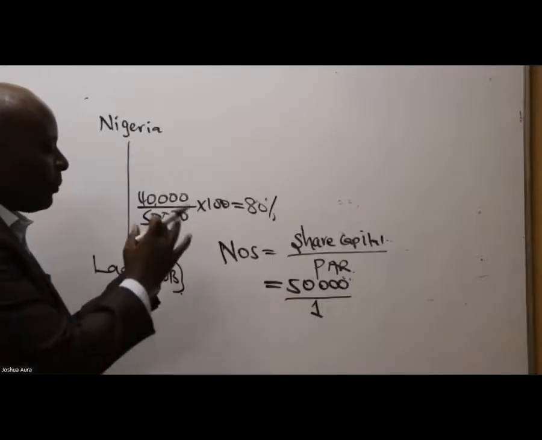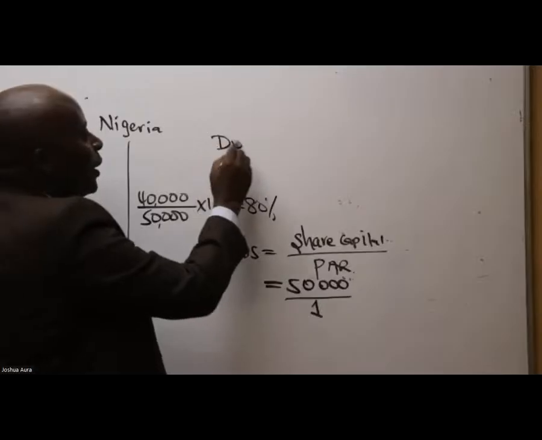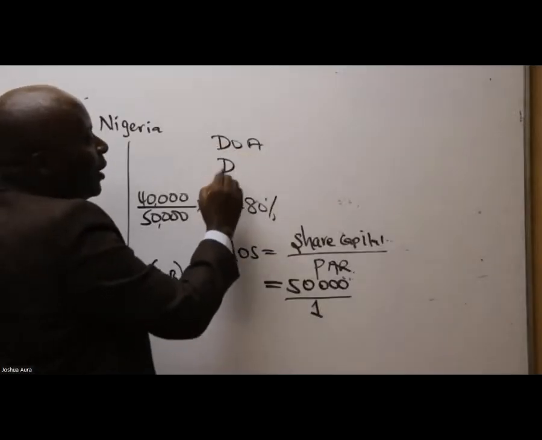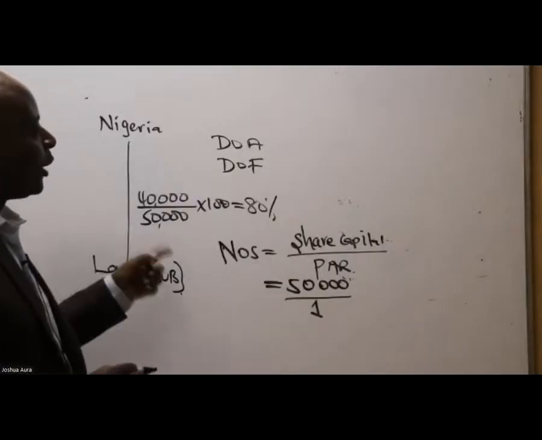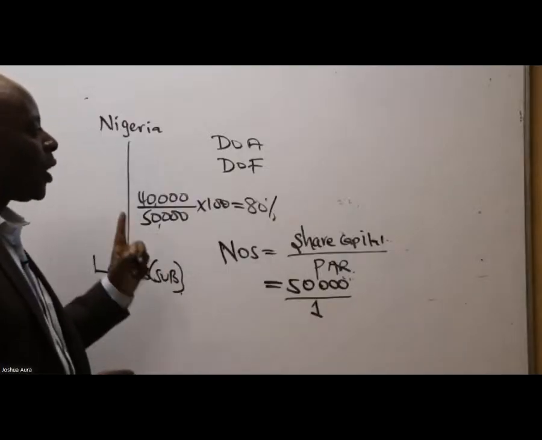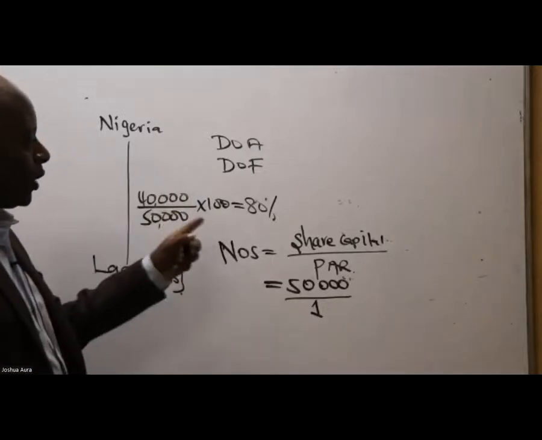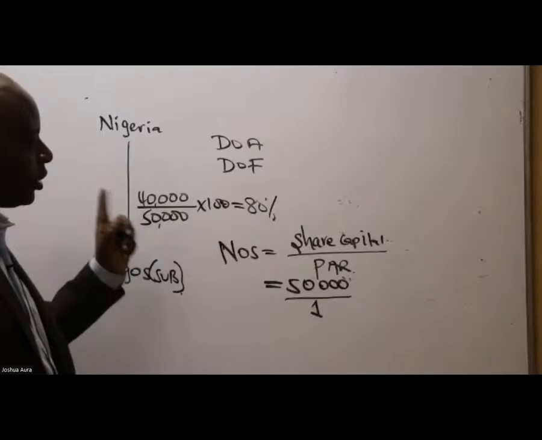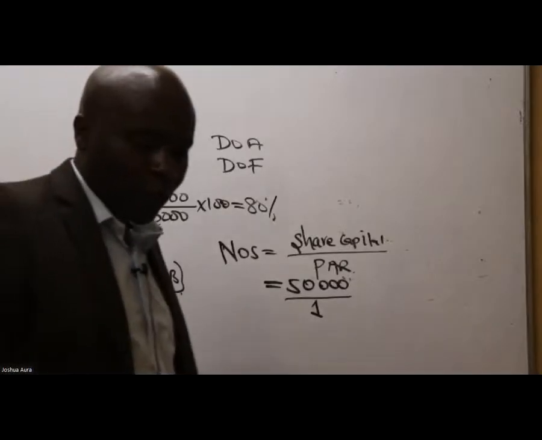So I would want to count the number of months. For me to count the number of months, I would be interested in knowing the date of acquisition and the date of the financial statements. The date of acquisition for sure is given here.